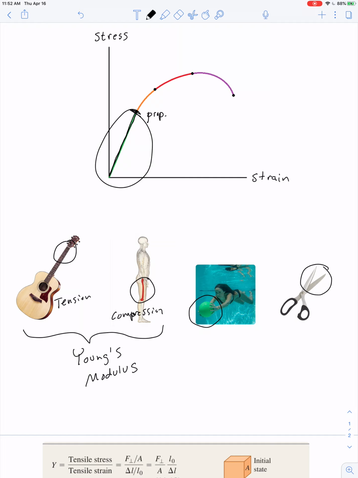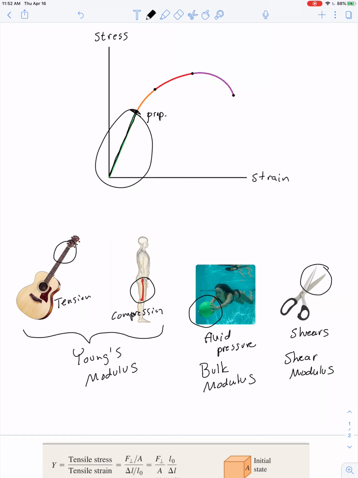In the case of fluid pressure, the ratio of stress to strain is referred to as the material's bulk modulus. And in the case of shears, well, there's no clever name for it, it's just called shear modulus.